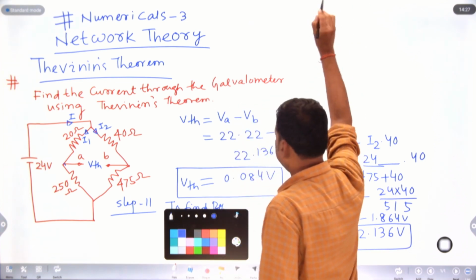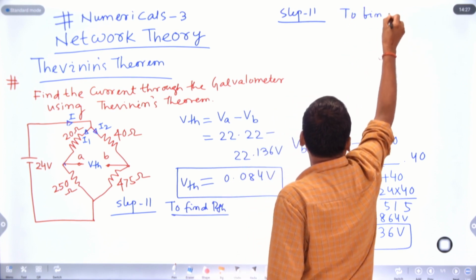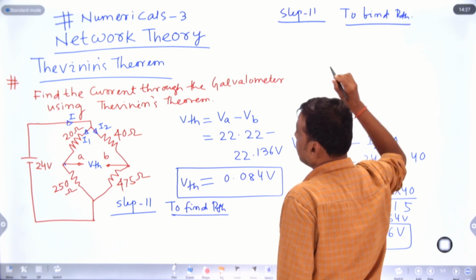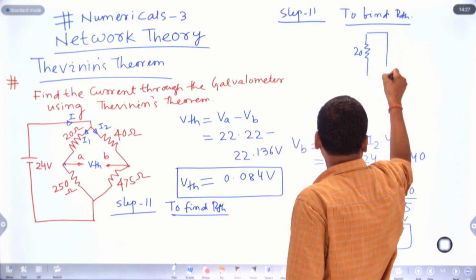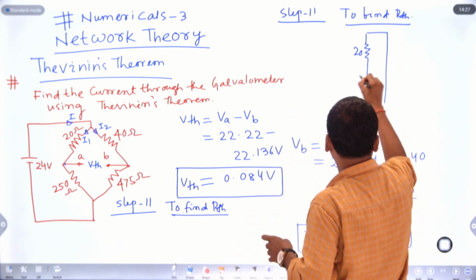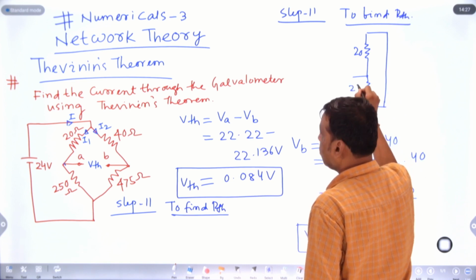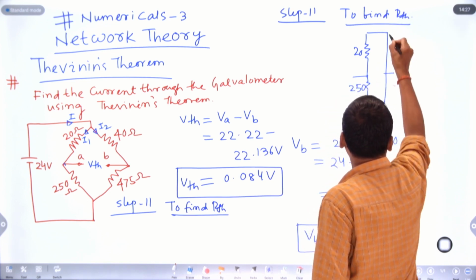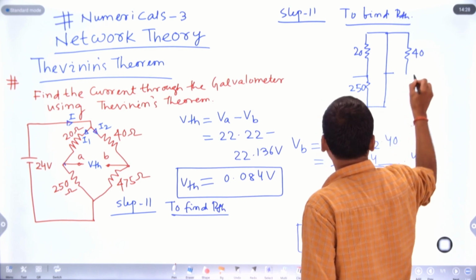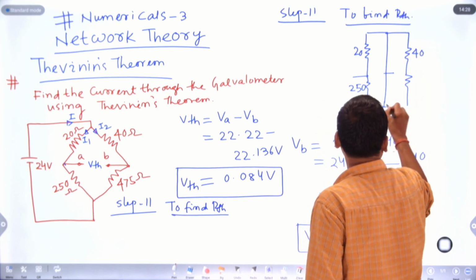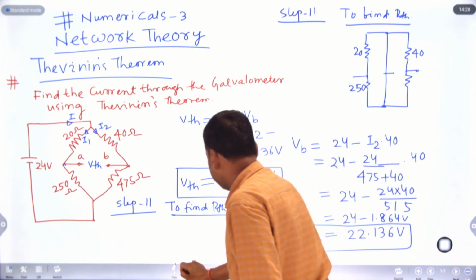To find RTH in step 2, here this is 20, this is 20, and this is 250, this is 250, and similarly this is 40, and another one is 475.